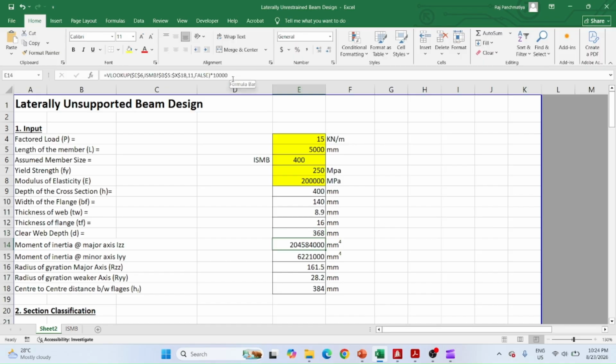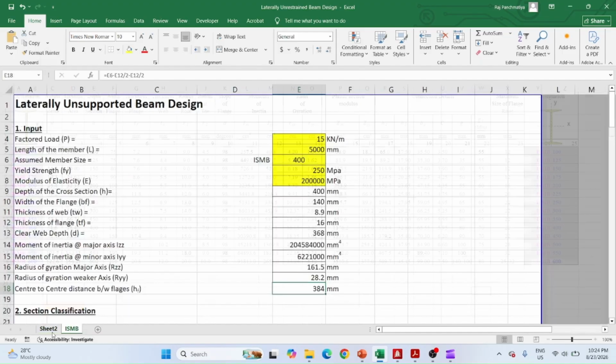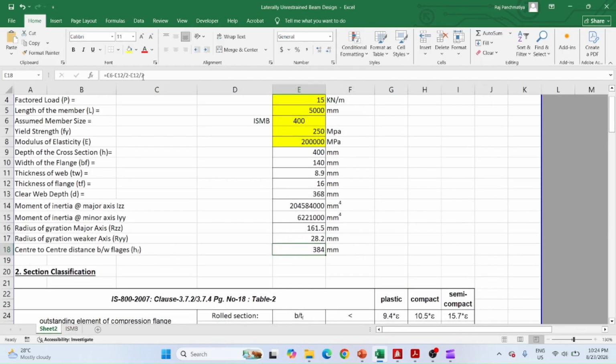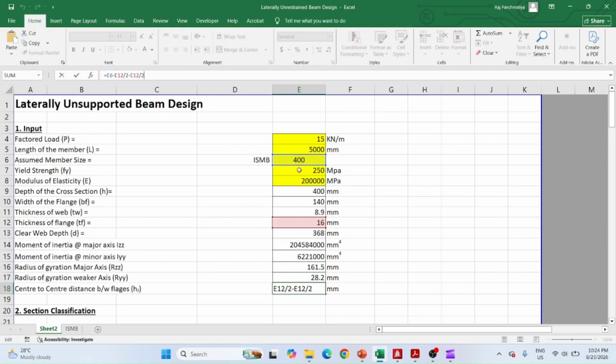Also, the moment of inertia and radius of gyration about weak and major axis are also taken from this sheet. Center to center distance between flanges, that is the HF value, is equal to overall depth minus half of the top flange thickness and half of the bottom flange thickness, so that is equal to 384 mm.